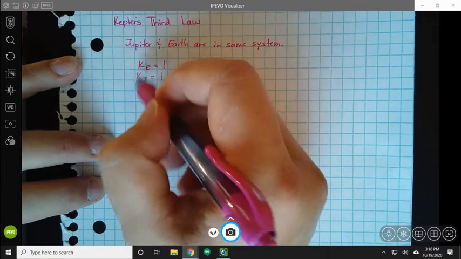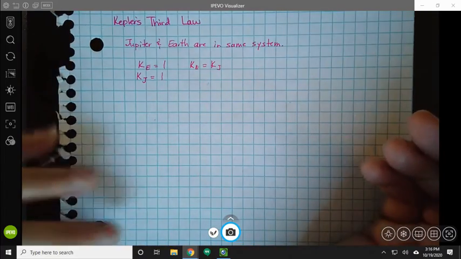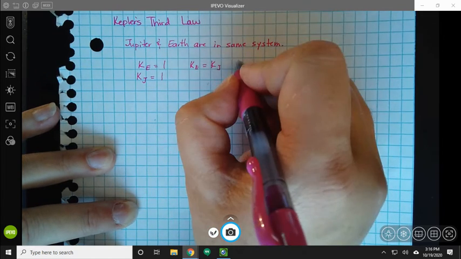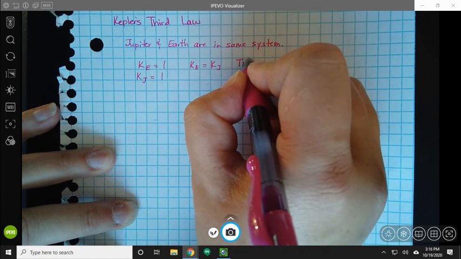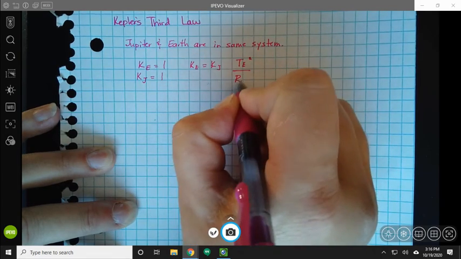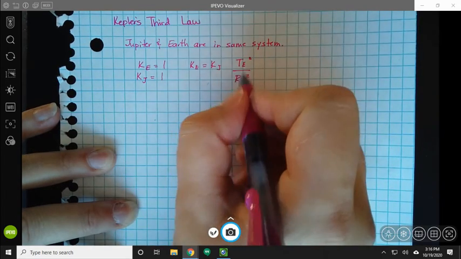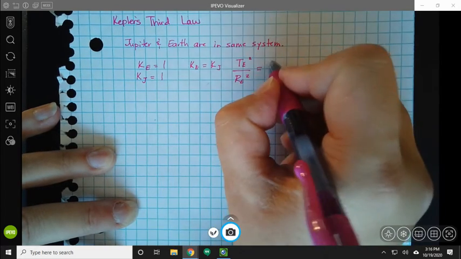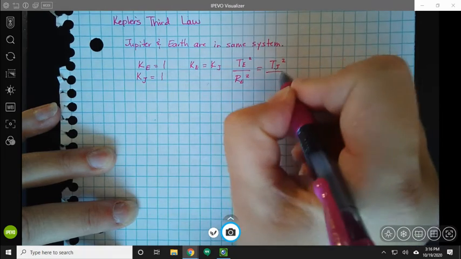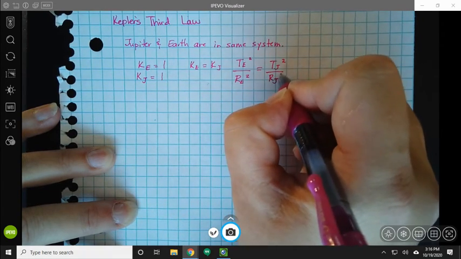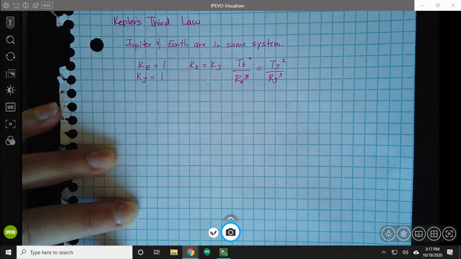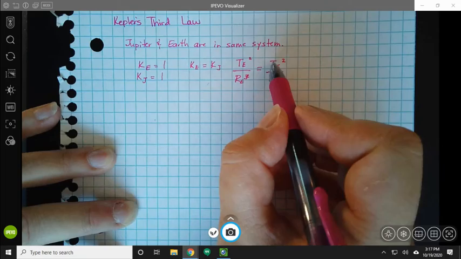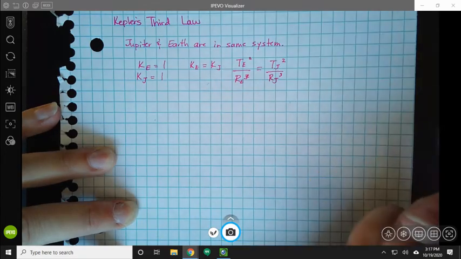And this is the constant that we're looking at within the law of harmonies. Because Ke equals Te squared over Re cubed, we can substitute that in for K because they're equivalent. We can do the same thing with Jupiter. Okay, so Te squared over Re cubed is equal to Tj squared over Rj cubed.